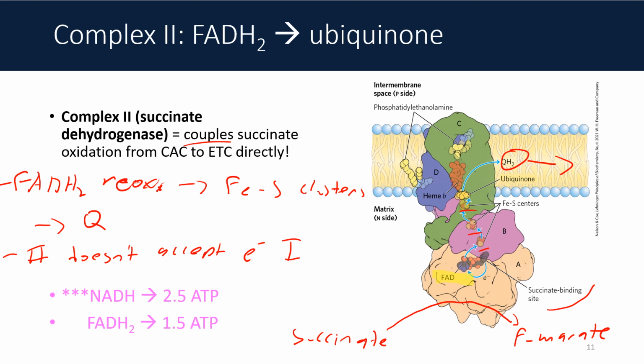Therefore, FADH2 contributes less to the proton-motive force than NADH does. I'll show you how the math works out later, but generally, 1 NADH is going to net you 2.5 ATP molecules, whereas 1 FADH2 is only worth 1.5.